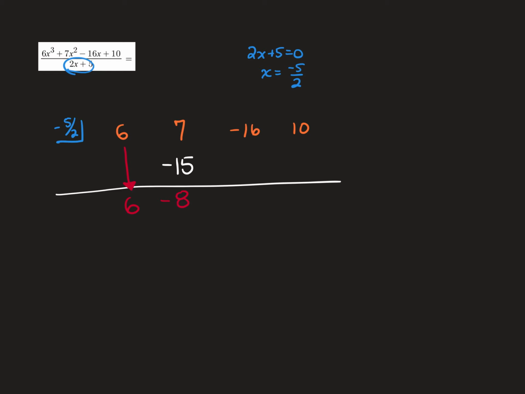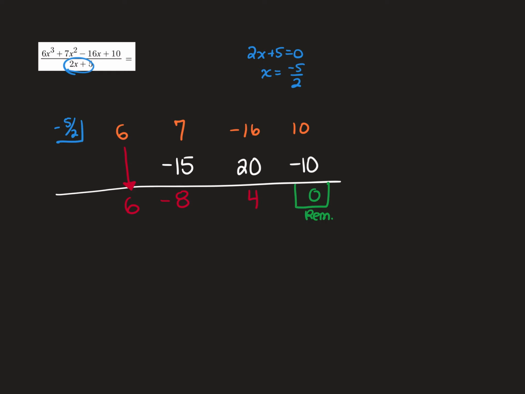Take negative 8, multiply it by negative 5 halves. You're going to get positive 20. Add positive 20 and negative 16, you get 4. And then take 4, multiply it by negative 5 halves, and you're going to get negative 10. And then negative 10 plus 10 is 0, and that is your remainder. So again, we don't have a remainder, which is nice.